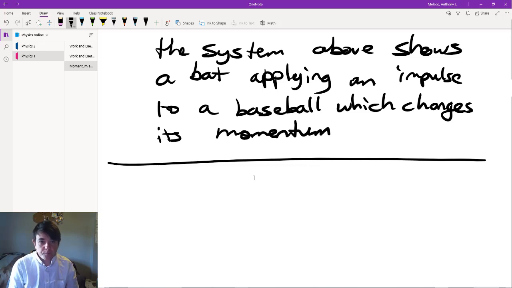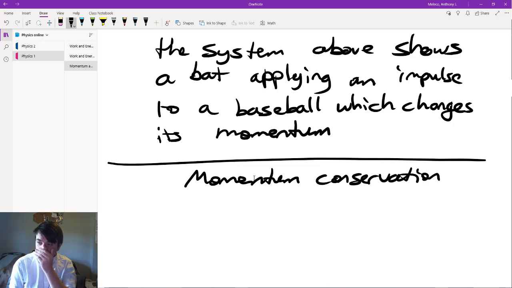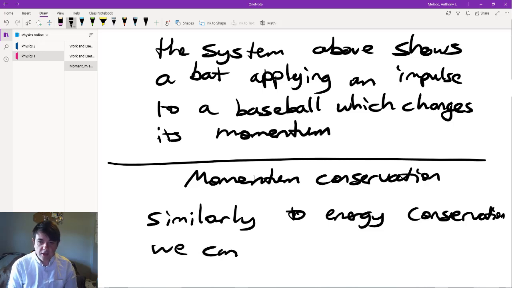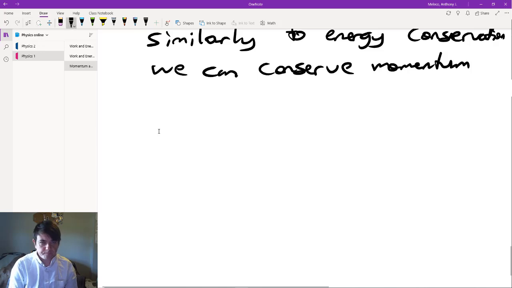Concept number 2 is momentum conservation. This is similar to energy conservation. We can conserve momentum in collisions.